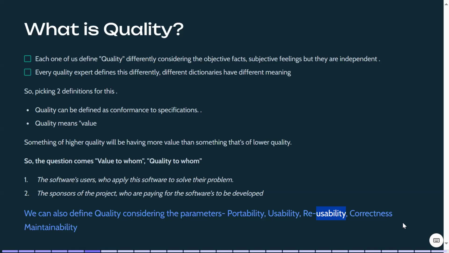At the end, they will test whether the product is meeting or exceeding the expectations of the customer or not. If not, then the product is a failed product. If it is a success, then it will be available for the consumer or the end user. That we call quality. So you have to think in your day-to-day activities how quality works for you.